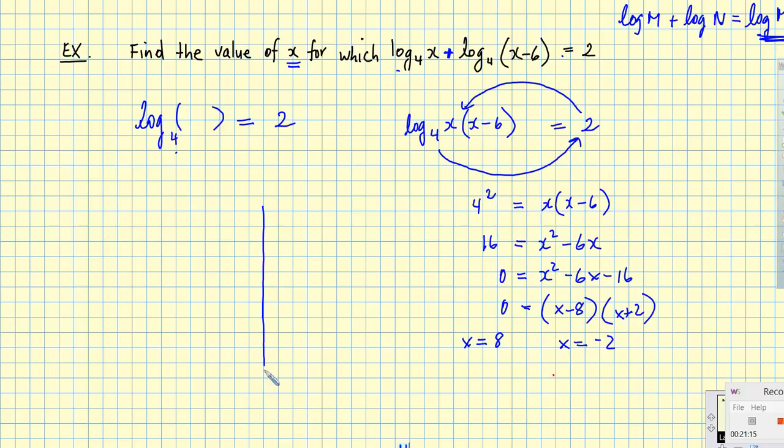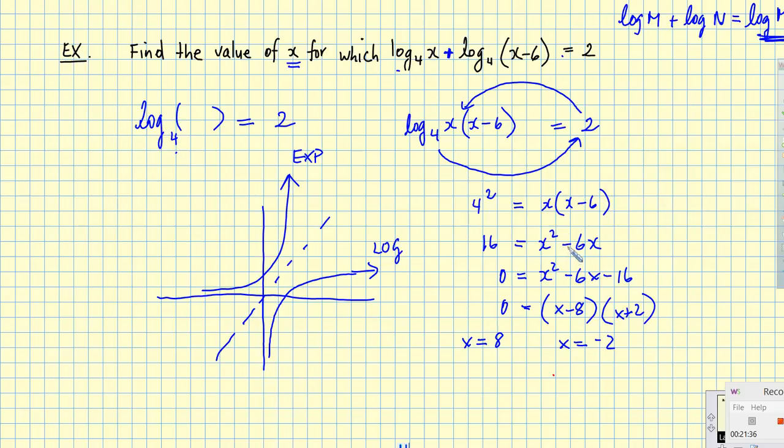Let's take a look. When I am graphing an exponential function, I'm going to have my graph that looks like this. So here's my exponential function, and here is my logarithmic function. Now, am I allowed to have x equaling negative 2 in this question?